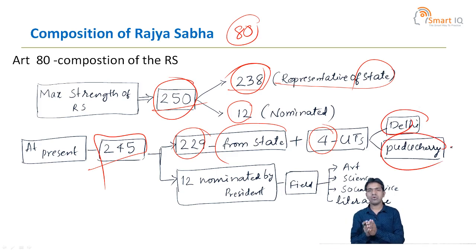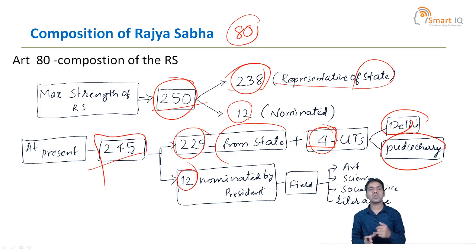Why Delhi and Puducherry? Because only these two territories have a legislative assembly, while the other union territories do not. That is the reason for the 4 members from the UTs, and 12 members are nominated by the President of India.